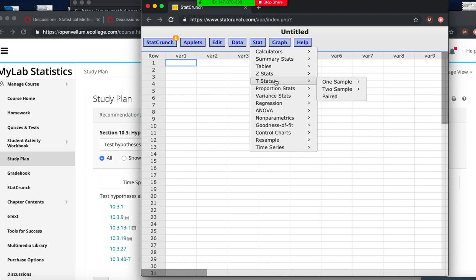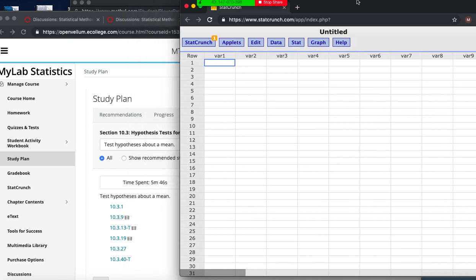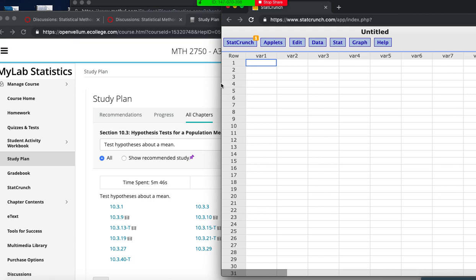The T Stats are the quantitative, when you're talking about averages, means, things like that, or proportions where you're talking about a qualitative question or you have some sort of percentage. And then the other thing that's the divider is how many samples did you take? With t-tests, you're either 1 sample or 2 samples. With proportions, you're either 1 sample or 2 samples. Does that make sense? Okay.